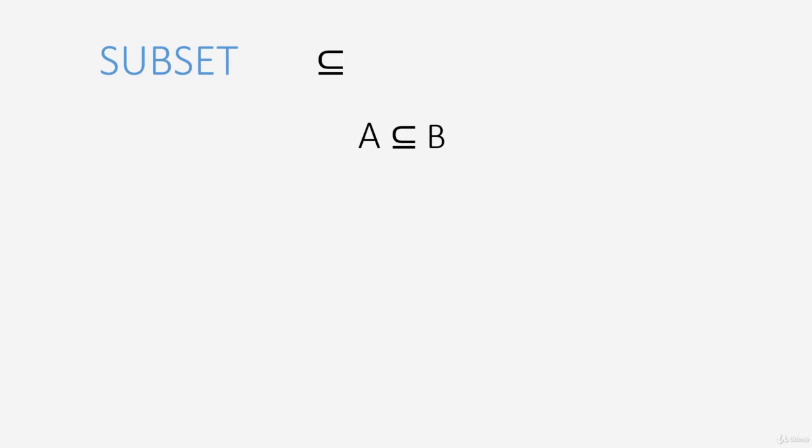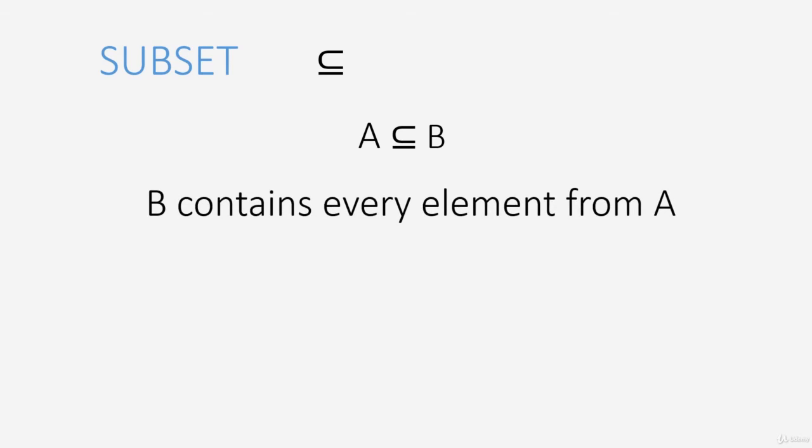A is a subset of B when B contains every element that is in A. And it can also contain other elements that are not in A, and that is okay. What is important is that B contains every element from A.